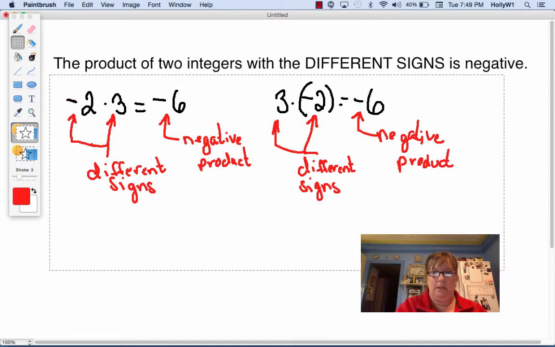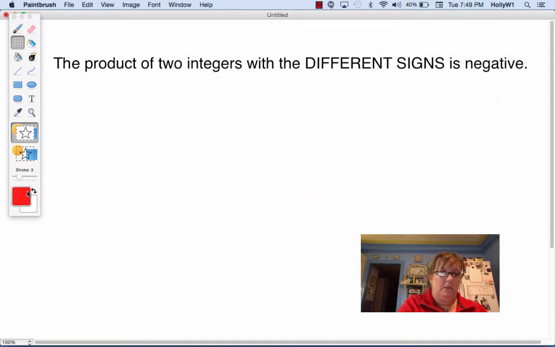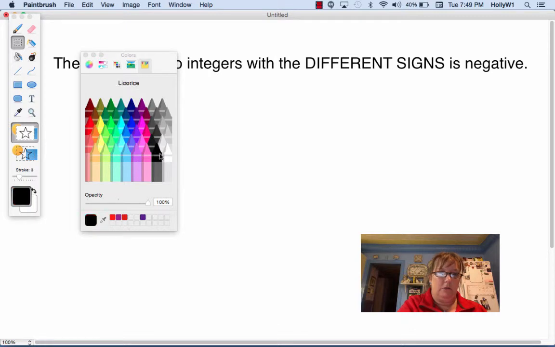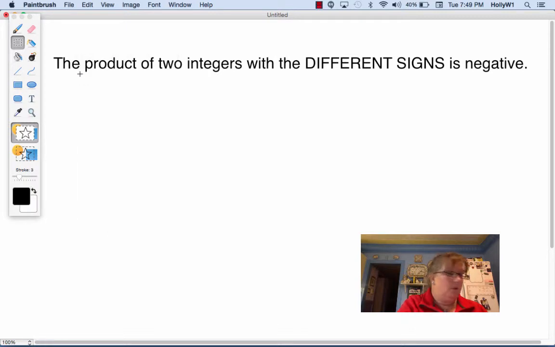Let's delete this, and let's turn this back to black because red is rather shocking.